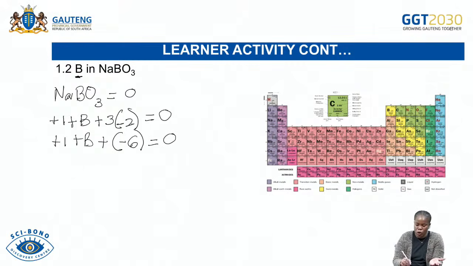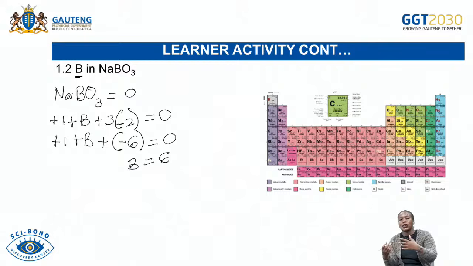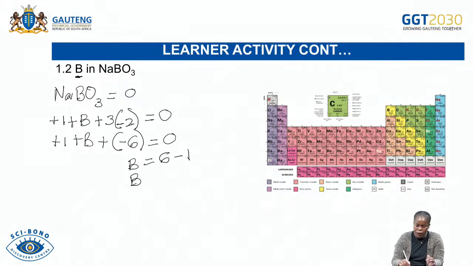Let's transpose. B is going to be equal to, when we transpose the 6 to the other side, a positive 6. Then we move that positive 1 to the other side, and it becomes -1. So the oxidation number for B is positive 5.